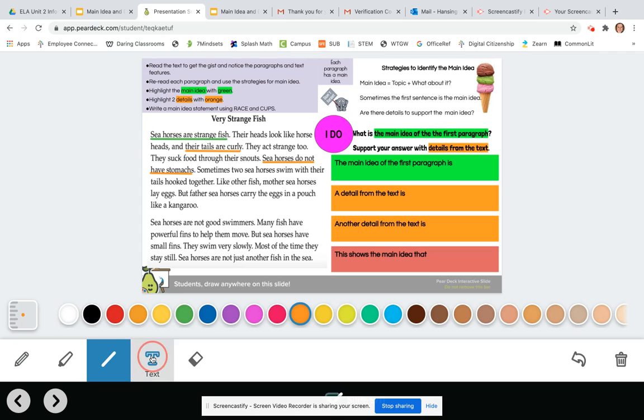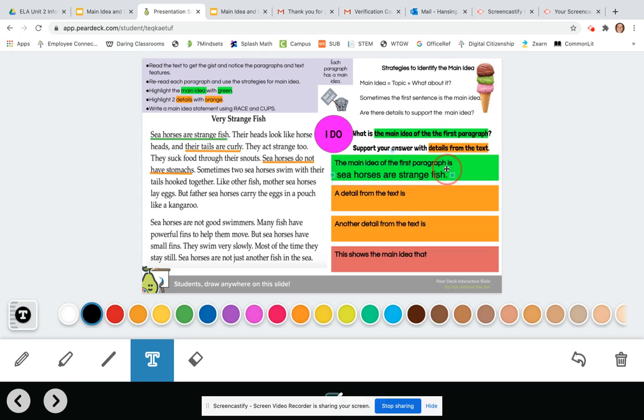Here is where I'll use my text tool. I'm going to answer the question, that's the A in RACE, and I get to use the words right here as my main idea answer. I need to make sure that the S changes to a lowercase though, because I'm now in the middle of a sentence. Seahorses are strange fish, period.